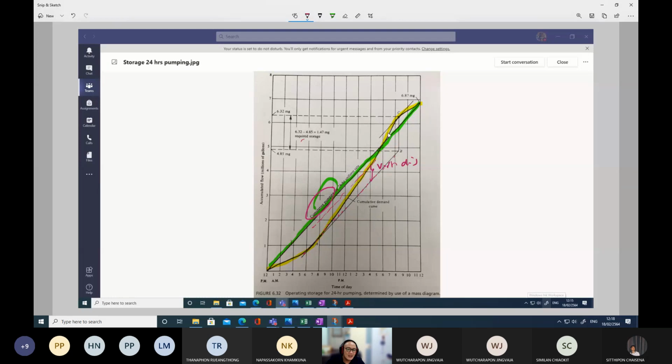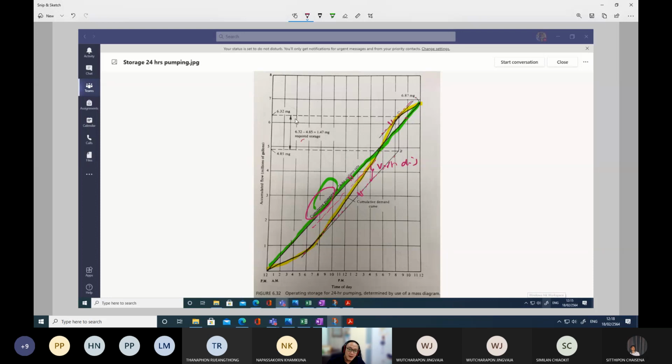You will get the maximum vertical distance only if the tangent you establish touches the point C like this. The tangent must be parallel to the cumulative pumping rate. So these two lines must be parallel with each other.